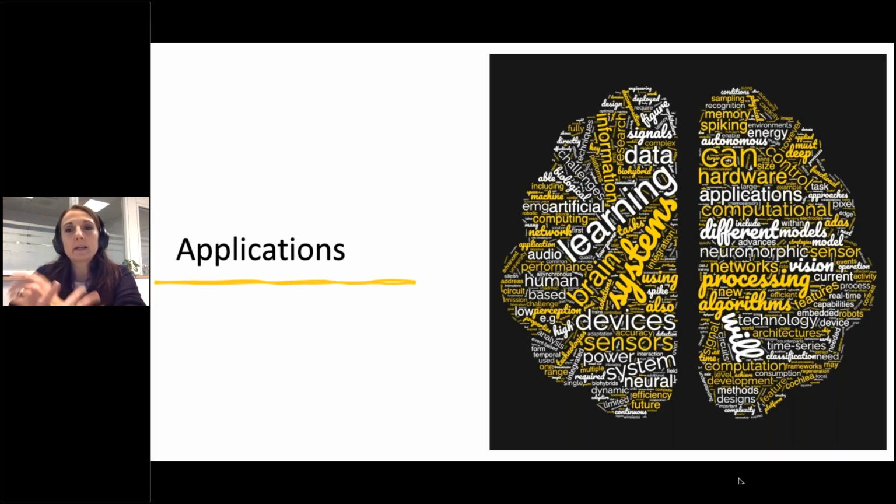I tried to make a word map of the content of this part of the roadmap, and the words that pop out are, for example, can and will. We used these words a lot while describing the systems of the applications, because we are mostly in a proof of concept stage.